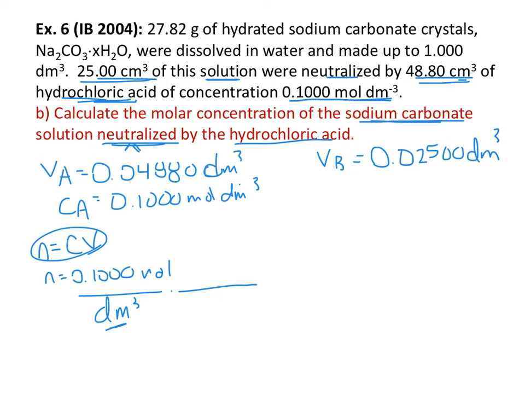Decimeters cubed, we need to get it to cancel, so I'm going to multiply by decimeters cubed. Just make sure that you keep the like substances together. So I'm only working with the acid numbers right now. Then the number of moles for the acid is 0.004880. So basically we're just moving our decimal.